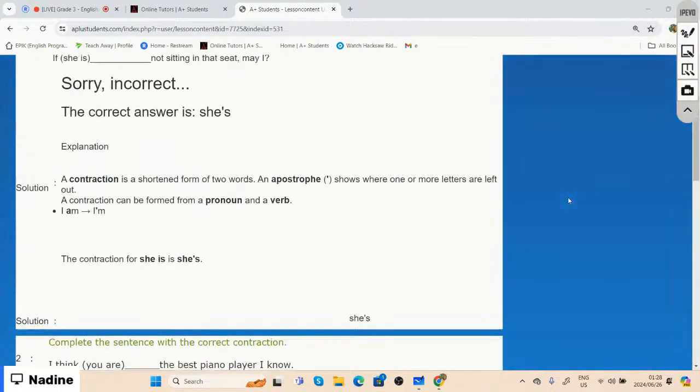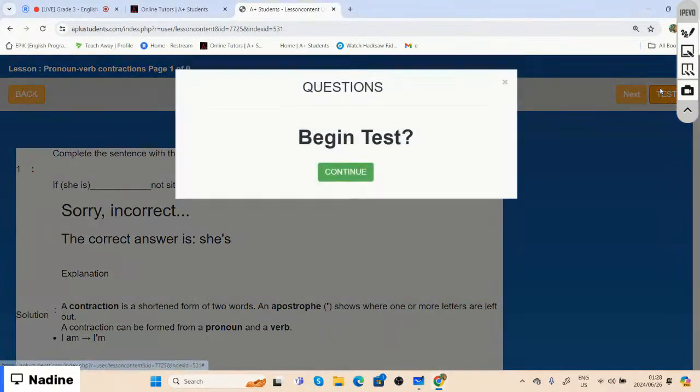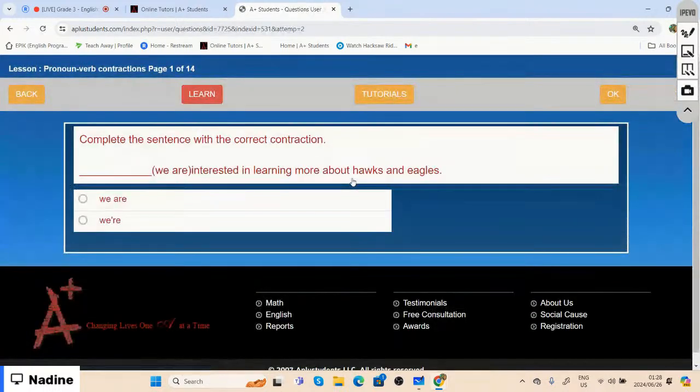All right, so now we're going to our test where we are going to complete the sentence with the correct contractions: pronoun and verb contractions. Look at the word in brackets, then choose the best option to complete the correct contraction.